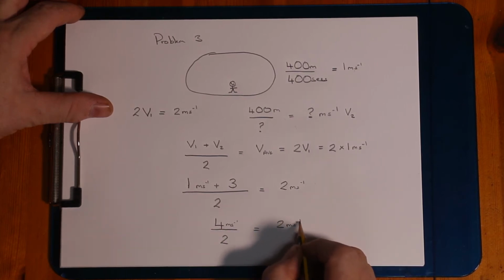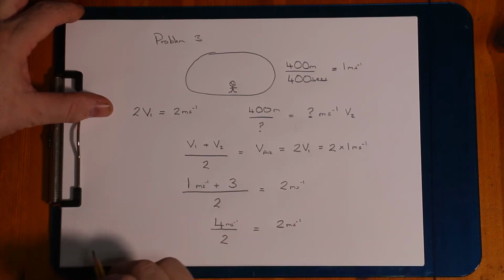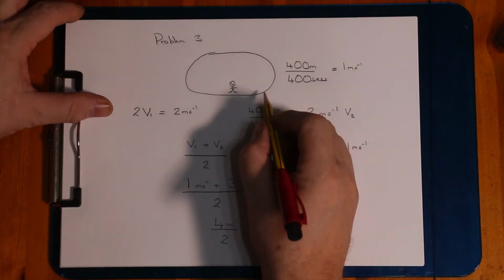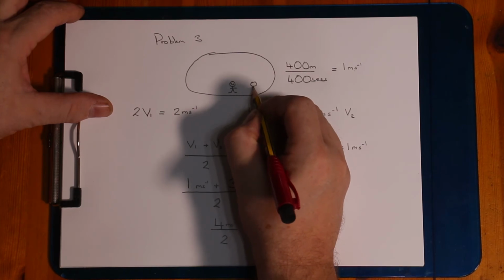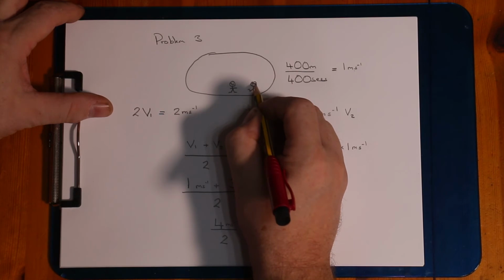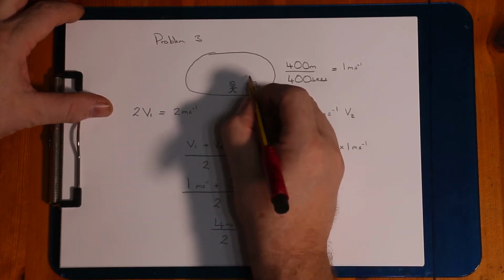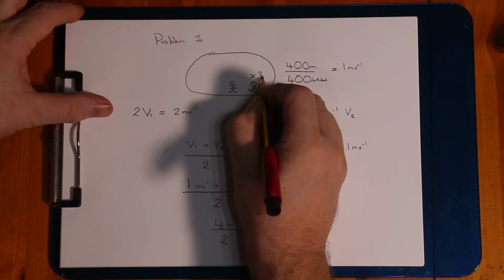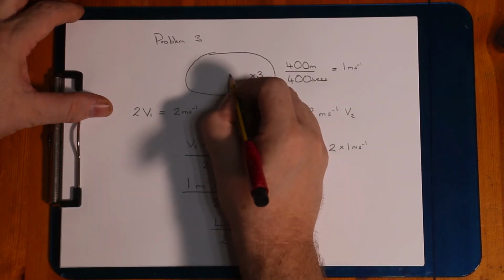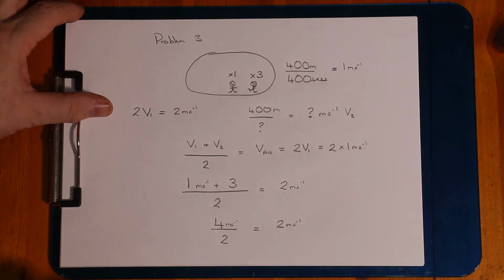So how fast have I got to go round this track the second time, so that I can go at double the speed? I've got to go at 3 times the speed I went when I went round the first time.